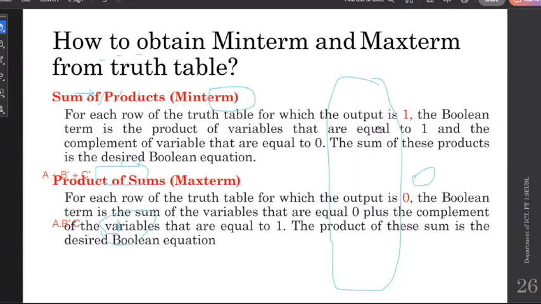And if it is the product of sums, the output should be 0. That's it. Although there are two ways of writing them, we always prefer this format, minterm. Fine.